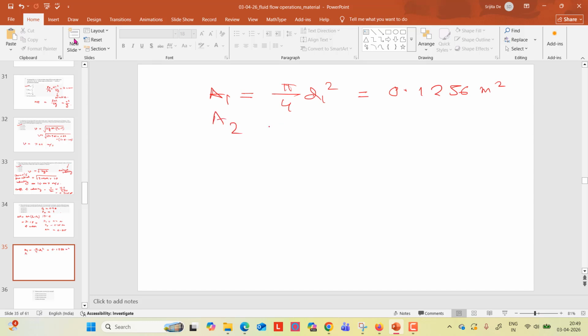A2 will be pi by 4 d2 square, which will be 0.0176 meter square, right?